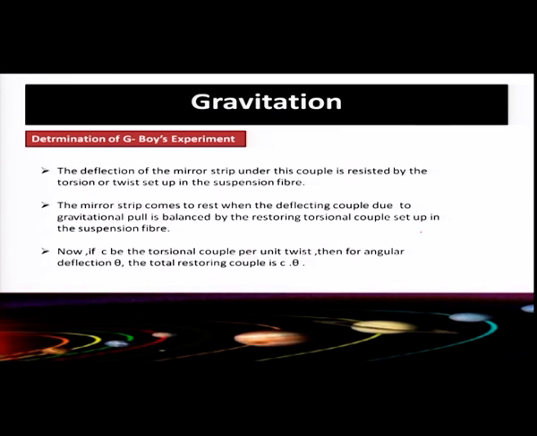So, RS is the mirror strip, its length is 2L, and the distance AC is D. The deflection of the mirror under this couple is resisted by the torsion or twist set up in the suspension fiber. The mirror strip will come to rest when the deflecting couple due to the gravitational pull is balanced by the restoring torsional couple set up in the suspension fiber.